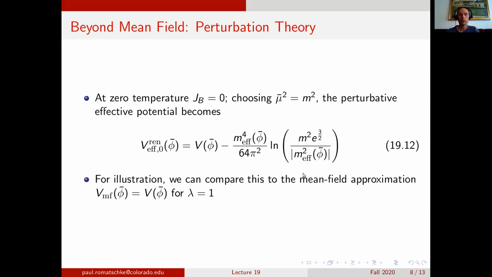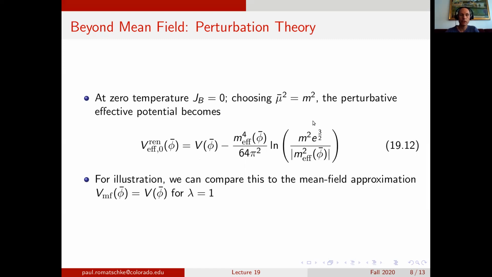It is maybe illustrative to compare this result to just the mean field approximation, which is just the leading term here, for a specific value of the coupling constant. So we can set lambda to 1, and we'll find what the corresponding result is.